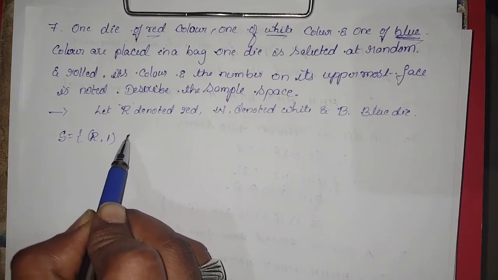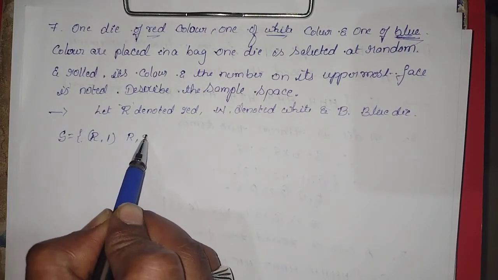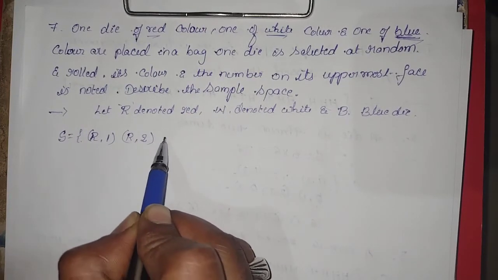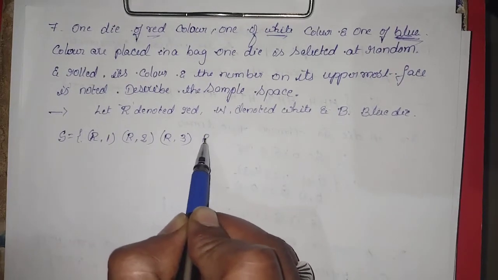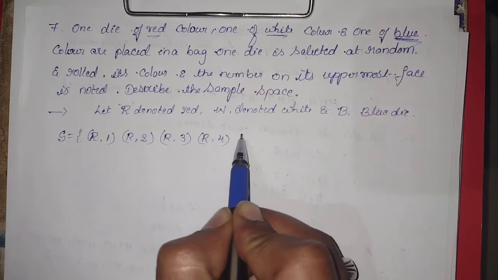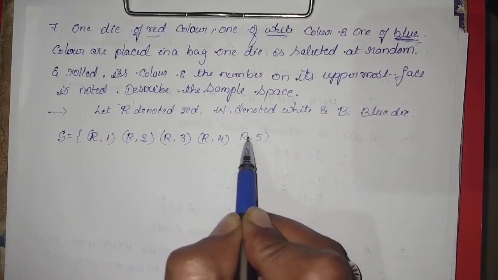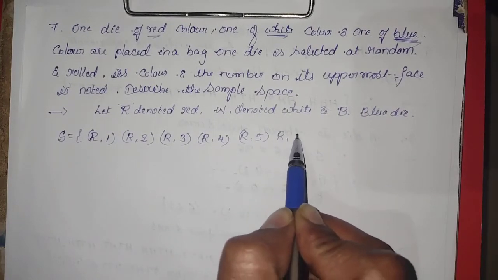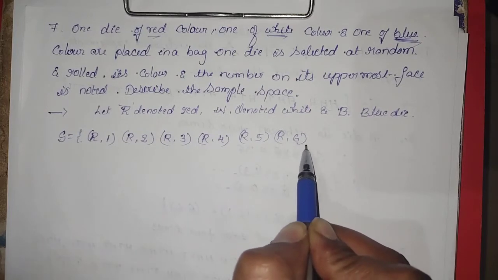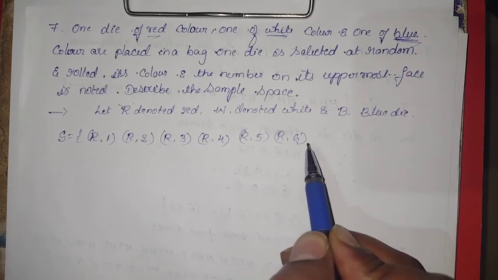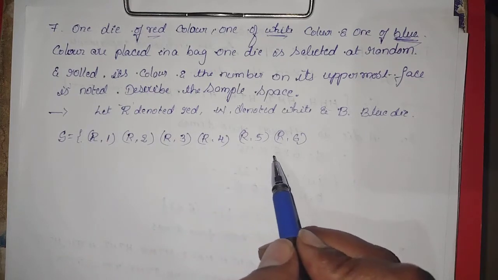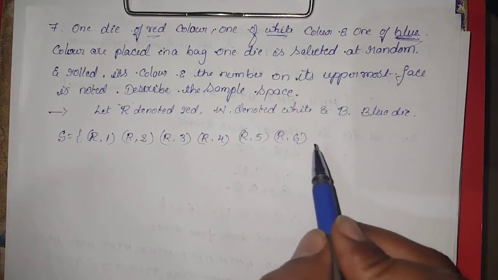At the same time, maybe the red die shows 2, the red again 3, or 4, or 5, or 6. Understood how to write the sample space? R stands for the red die. The red die contains 6 results.